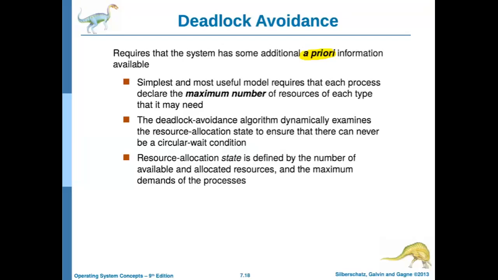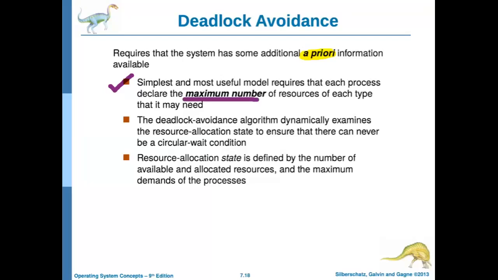For example, very first part of this is the maximum number of resources of each type required. If process P1 is there and that needs 3 resource types, now how many instances of those 3 types required? That should be known well in advance to this deadlock avoidance algorithm.